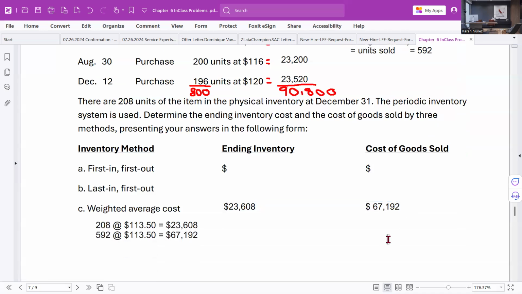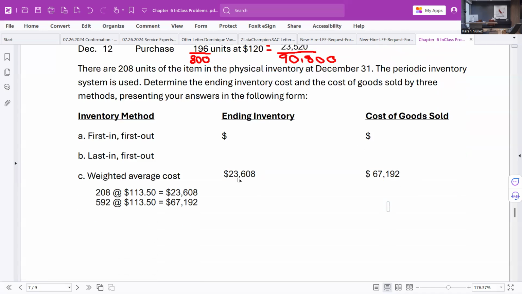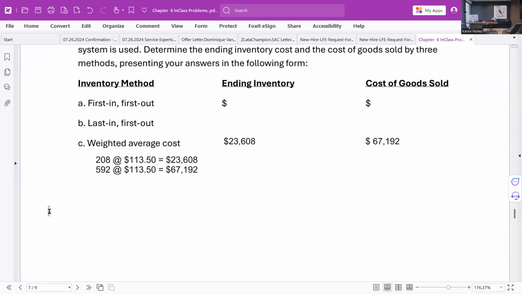So let's focus on FIFO and LIFO. And then that'll be it for this problem solving session. So let's do the FIFO first.